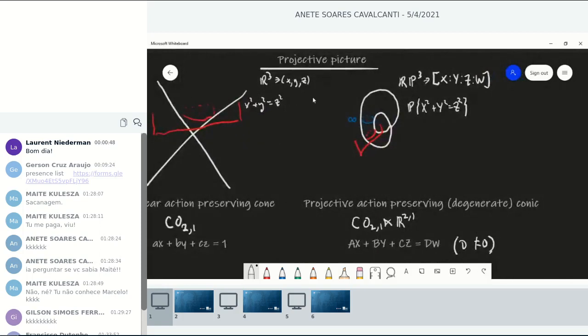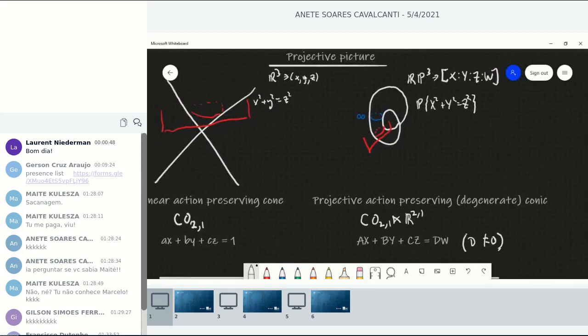And then to see the full group, you enlarge one more time. This picture of the cone in R3 is just seeing things in an affine chart of projective space. This is how we write a point in projective space.